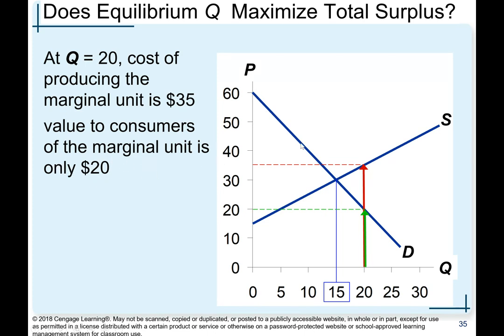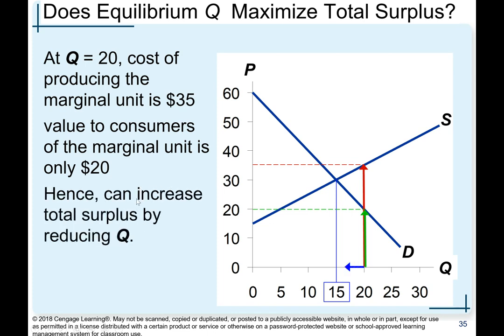You measure the marginal buyer on the demand curve. So the benefit to the buyer is 20. The cost is 35. Hence, we can increase total surplus by reducing output. In other words, resources are being wasted out here. The cost is higher than the benefit, and so 20 would not be efficient.